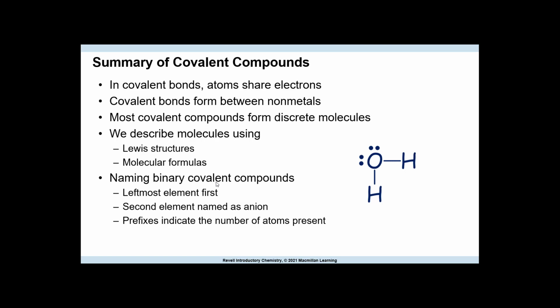So in summary, in covalent bonds, atoms share electrons. Covalent bonds form between nonmetals. Most covalent compounds form discrete molecules. That means water is H2O. We describe molecules using Lewis structures and molecular formulas. Naming binary covalent compounds, the leftmost element is first.